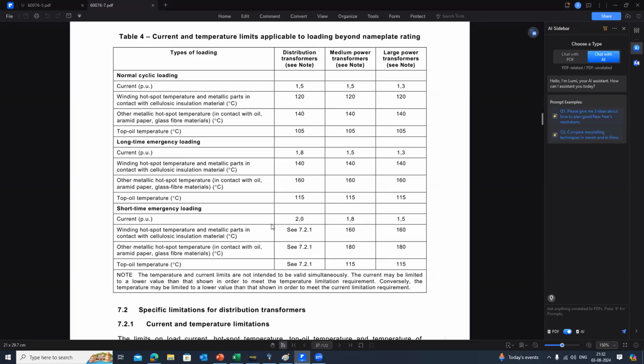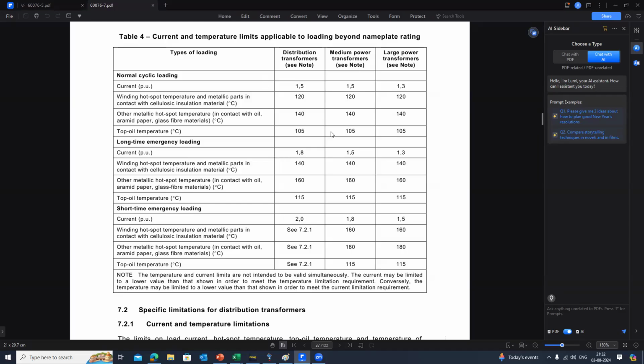You can load this transformer to 2 times for 30 minutes and 1.8 times for a longer time. The long-term emergency rating is 1.8 times and 1.5 times for a normal cyclic loading and so forth.